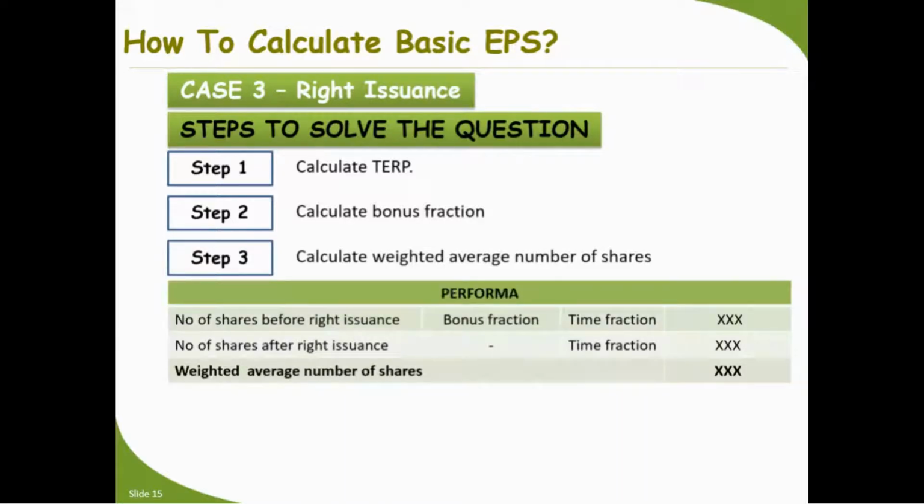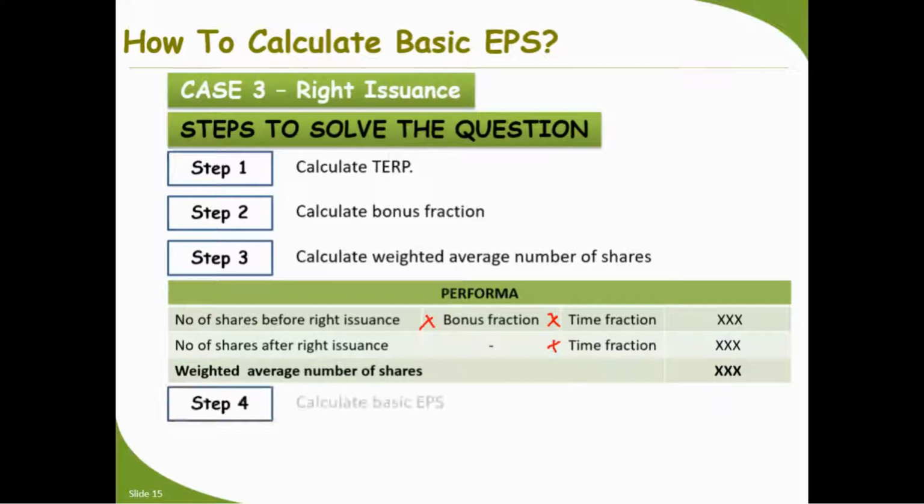Number of shares before right issuance will be multiplied with bonus fraction, then multiplied with time fraction. Then number of shares after right issuance will only be multiplied with time fraction, and the sum would be the weighted average number of shares.